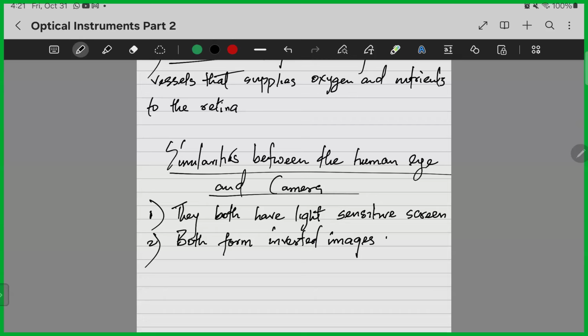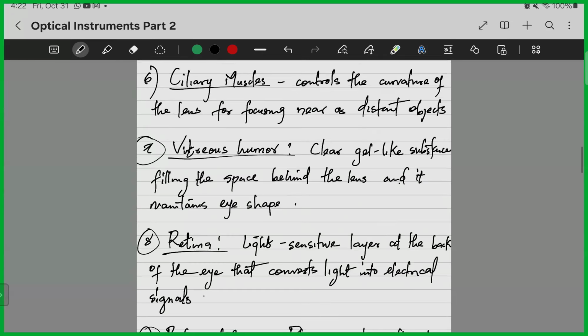That reminds me, let me go back to the definition of the eye.